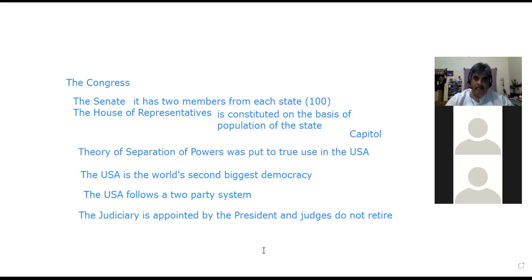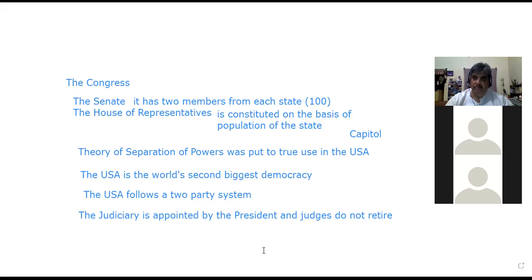Okay, and right now, if you look at the number of judges in the United States of America, in the Supreme Court of America, which is the federal court, or if you also look at other states, you will see that the most number of judges have been appointed by Republican presidents.